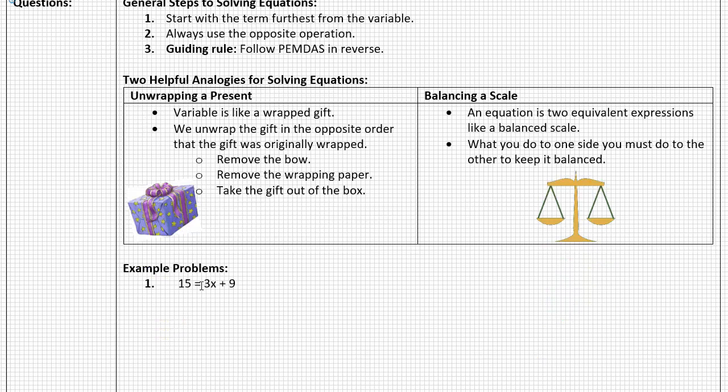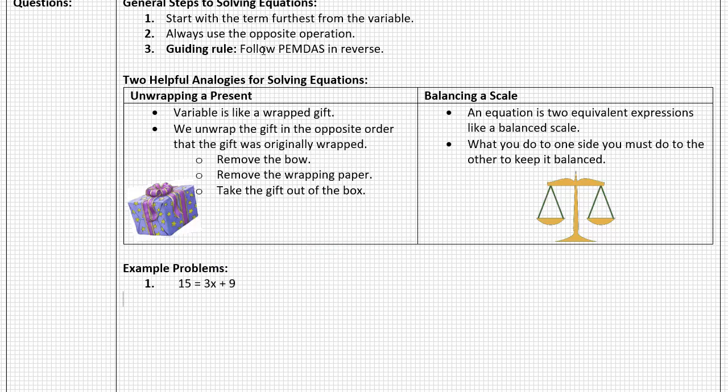Here's our first example. We have the equation 15 is equal to 3x plus 9. So in this equation, on the left, this expression is already simplified. It's down to just one term. On the right, we have 2 terms. The term with the variable, 3x, and the term without the variable, positive 9.